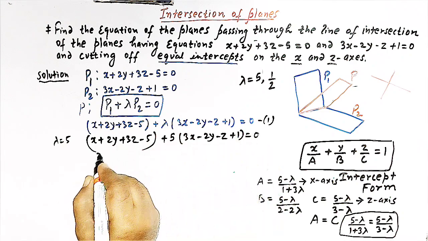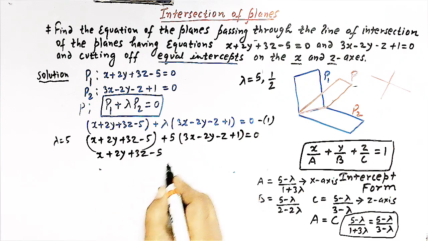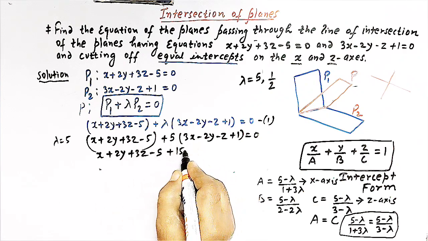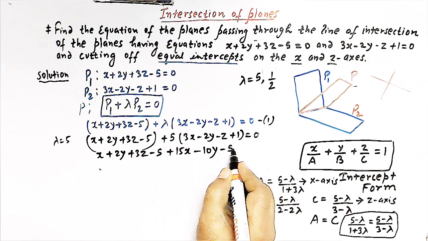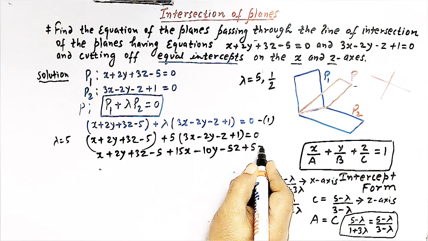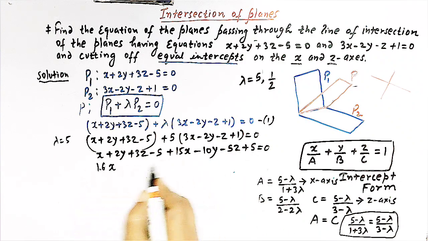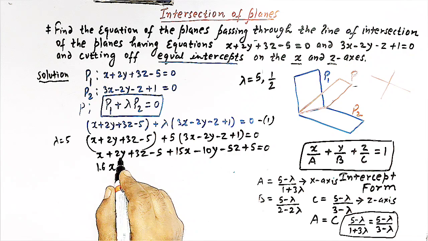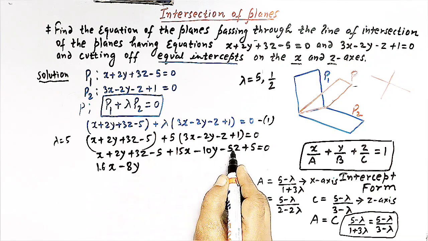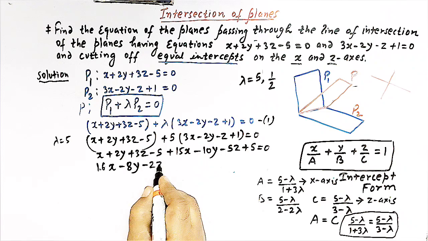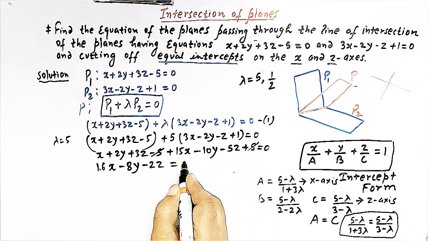So simplifying it, we have x plus 2y plus 3z minus 5, and this is 15x, and then we have minus 10y, and then we have minus 5z, and here we have plus 5, right? So 15x plus x is 16x, then we have 2y minus 10y is minus 8y, 3z minus 5z is minus 2z, minus 5 and 5 get cancelled, right?